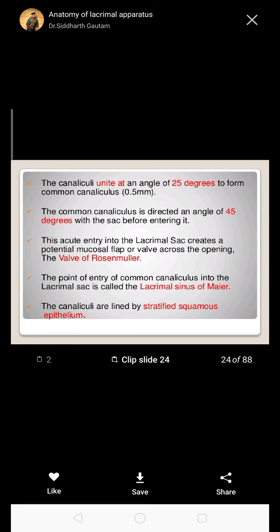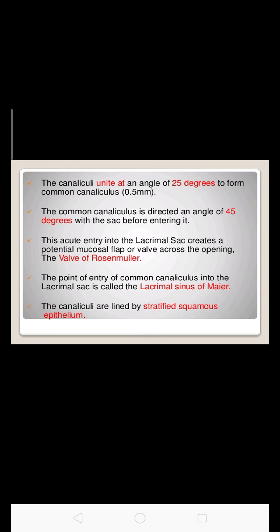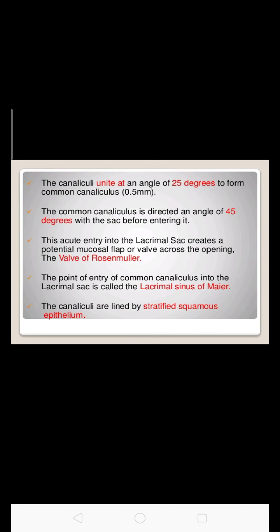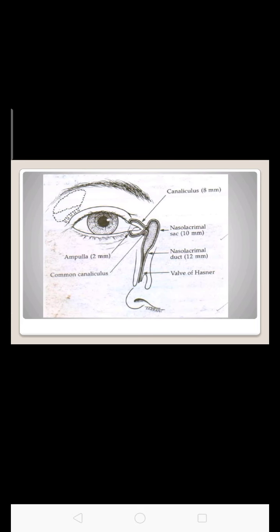The canaliculi unite at an angle of 25 degrees to form the common canaliculus, which is 0.5 millimeters in diameter. The common canaliculus is directed at an angle of 45 degrees with the sac before entering it.